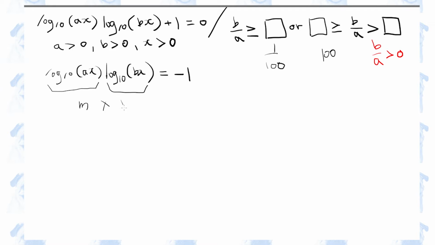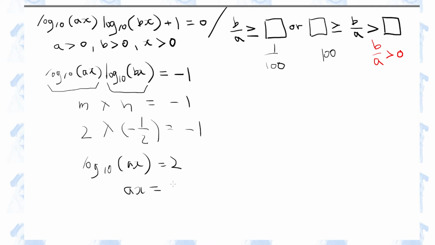M times n equals minus 1. For example, if we assume that log base 10 of ax is 2, log base 10 of bx must be negative 1 over 2. When log base 10 of ax is 2, ax must be 100, because 10 to the power of 2 is 100.